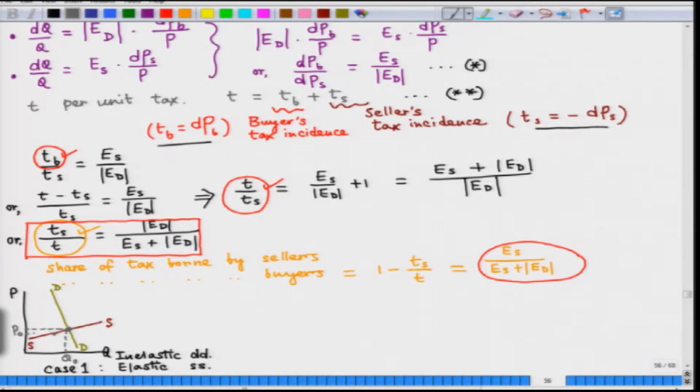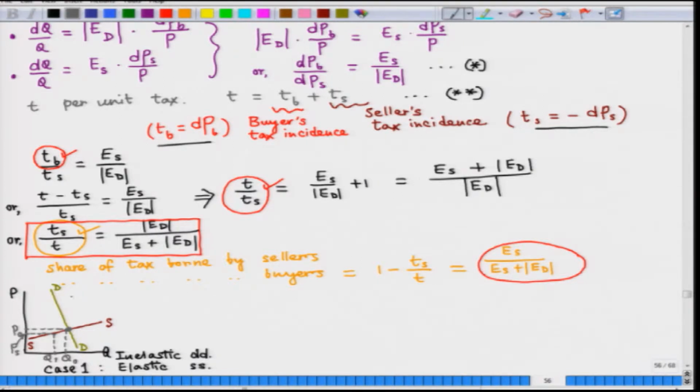So, we can get a new price, and that price is basically PS, right, the net price that the seller receives after paying the tax. So, this is the post tax equilibrium quantity of output in the market.